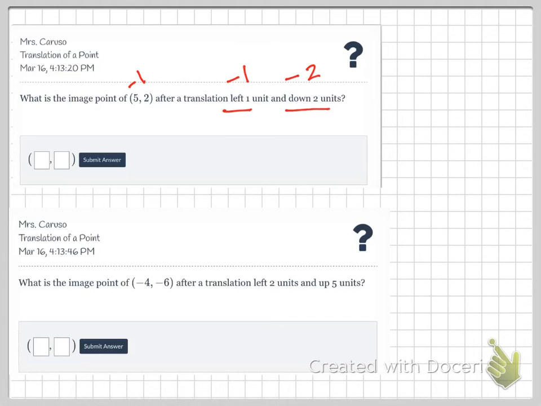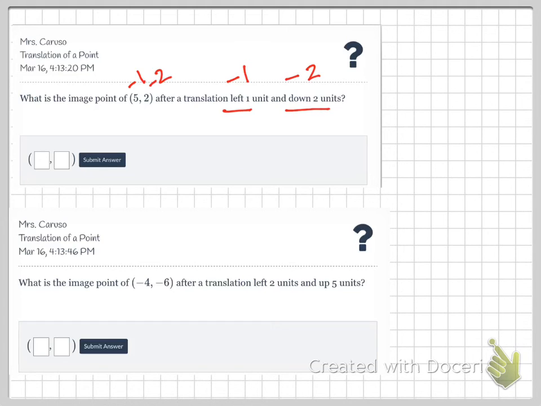What if they had said down 2, left 1? You'd have to realize the down would go on the y number. So if they give it to you out of order, be ready. Don't get complacent, people. Always think about which one I should be attaching the number to, whether it's a horizontal shift or a vertical shift.